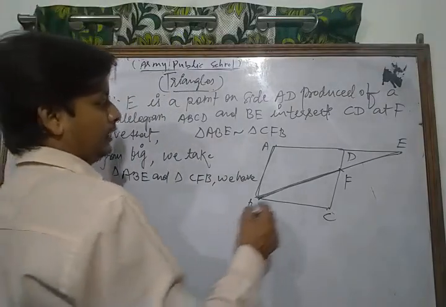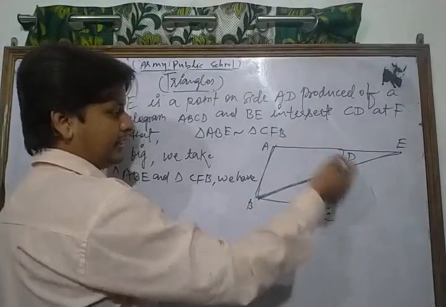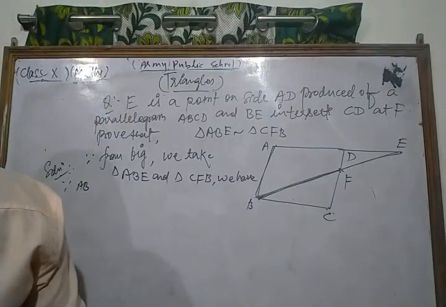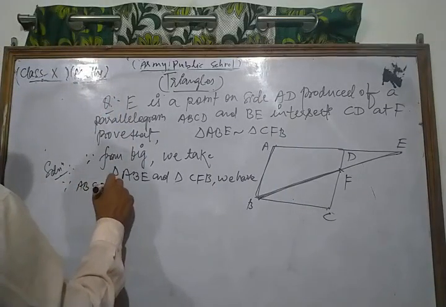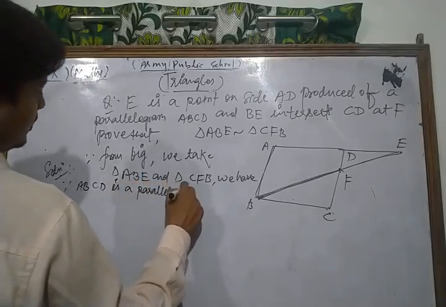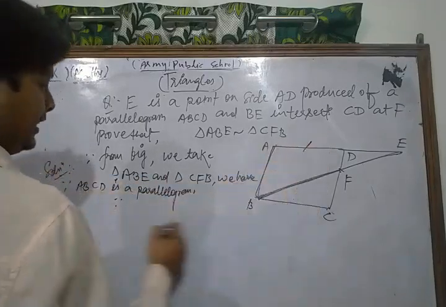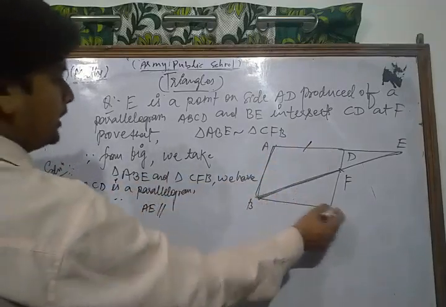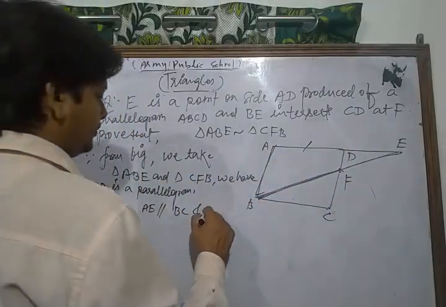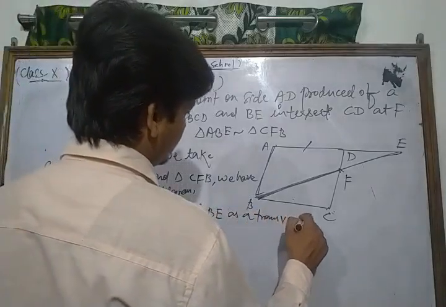Look, because ABCD is a parallelogram, AE is parallel to BC and BE is a transversal.